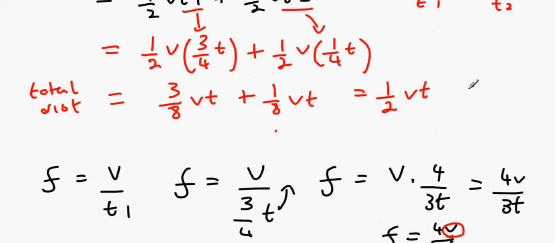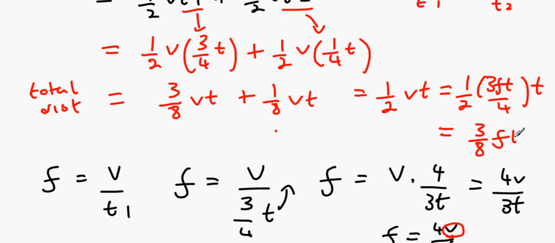So the distance equals a half, 3ft divided by 4, multiplied by t, and then the total distance is going to be 3 over 8 ft squared. Okay, and that's going to be your answer for that question.